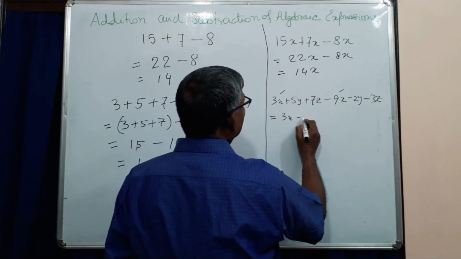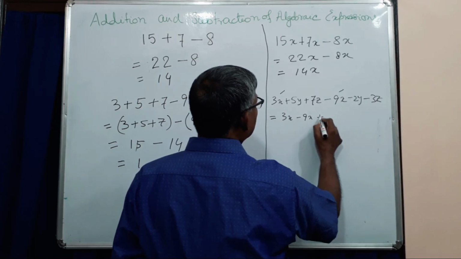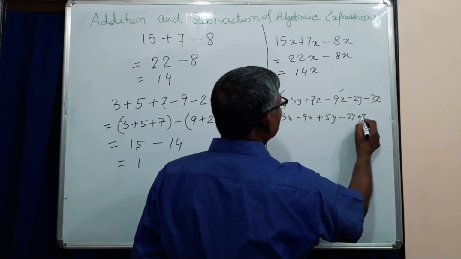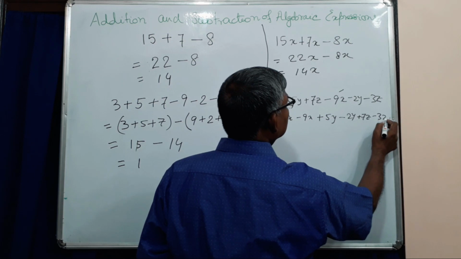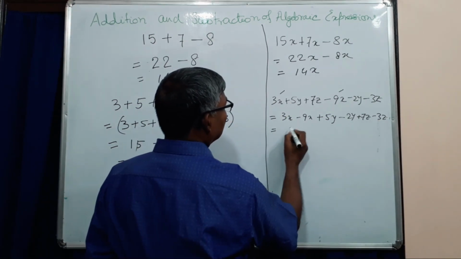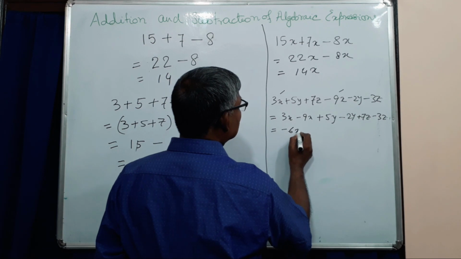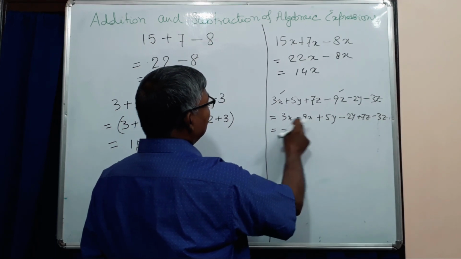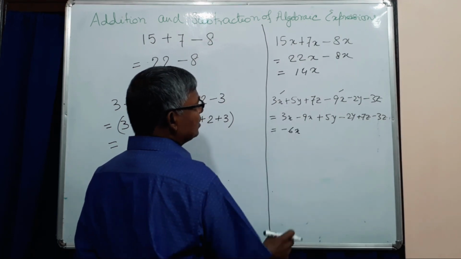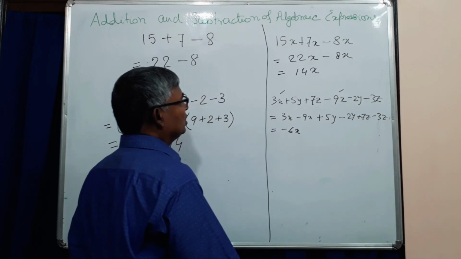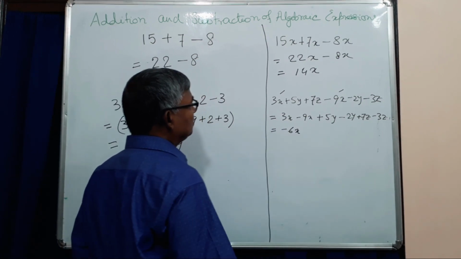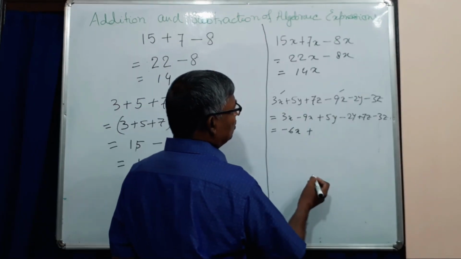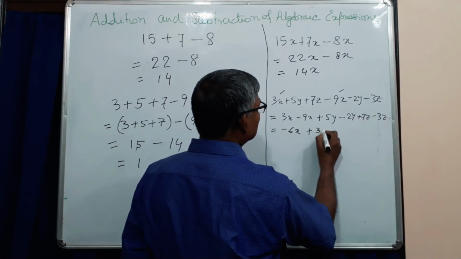Here 3x minus 9x, then 5y minus 2y, then 7z minus 3z. So this will be minus 6x. Why minus 6x? Here 9 is greater than 3 and the sign of 9 is negative. So it will be negative. And here 5 is more than 2, so the sign of 5 is plus. So it will be 3y.